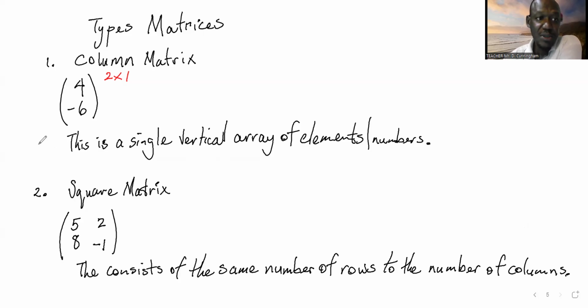So in this case, this is a 2 by 2. Same amount of rows, same amount of columns. So this is row by column. Same amount of rows, same amount of columns.